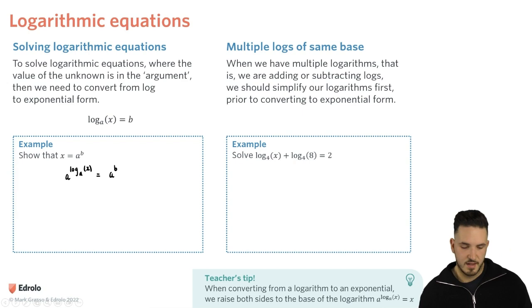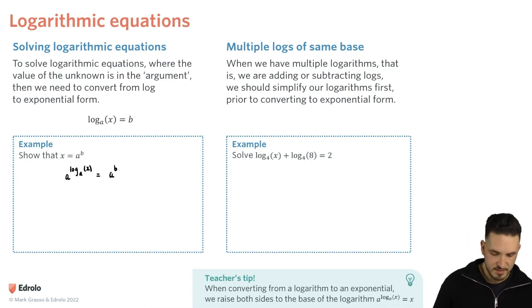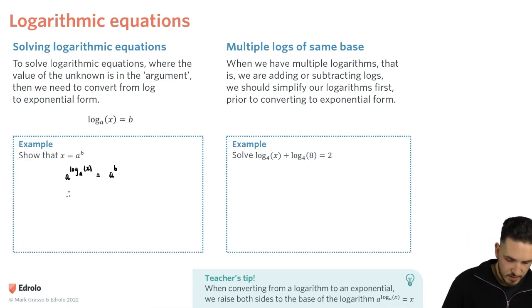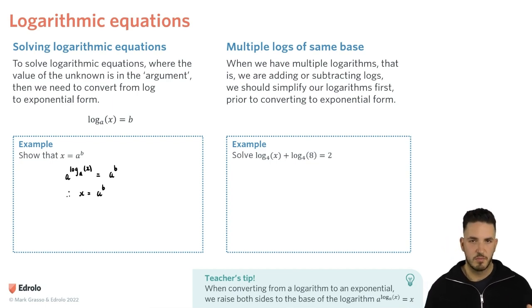Whenever you have an index raised to a log of that same base, that becomes 1. Okay, so a to the log a becomes 1. You're left with purely what's inside the argument. So we're just left with x. So therefore, you have x equals a to the power of b. So we can get it into that exponential form. So that's converting from log form to exponential form.